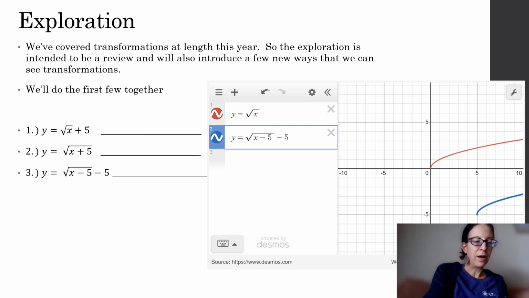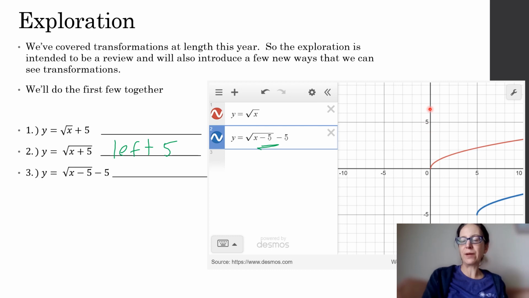I didn't hear you. Okay, this one was the left 5. And then this one where it is outside, we can now see it goes up. Up 1, 2, 3, 4, 5. Okay, up 5.